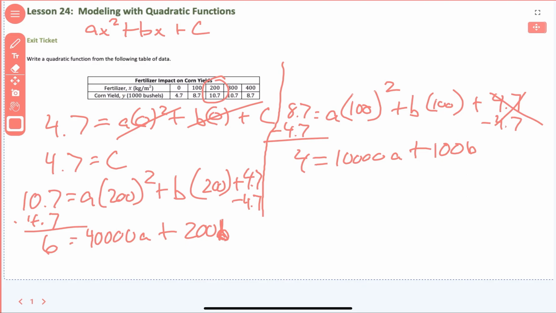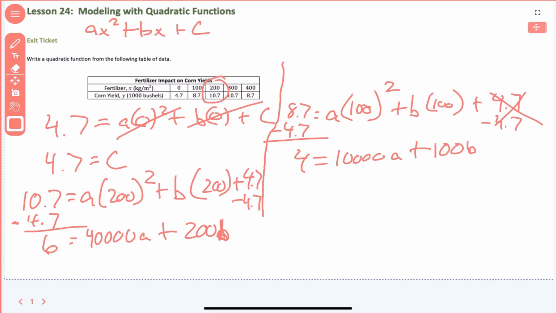Can we solve for A and B here? No. But what can we do? Do you remember it from your notes that you took yesterday? We can do solving systems of equations.